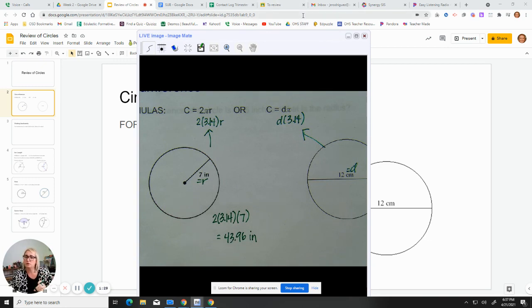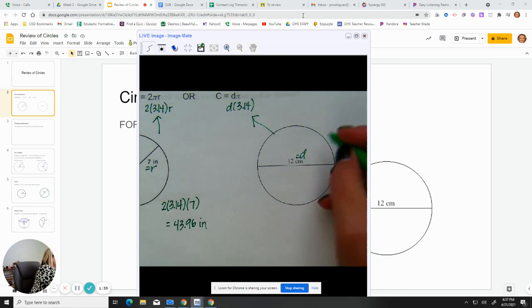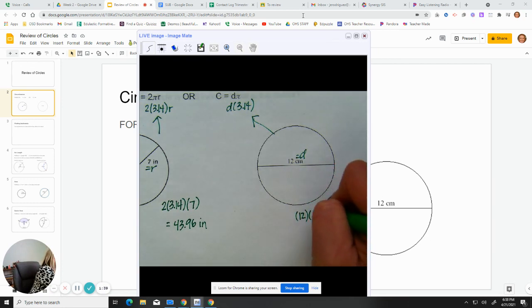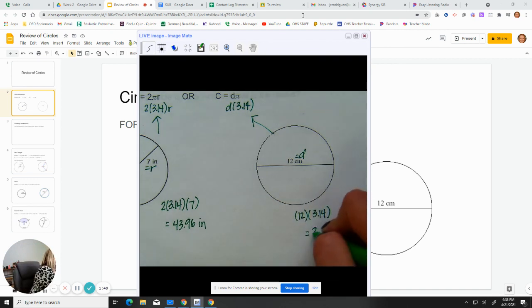If you're not putting your units, you're not going to get a correct answer. And then secondly, for the diameter one, it is literally just the diameter times pi. So the diameter was 12. 12 times 3.14 gets us to 37.68. And then again, centimeters.